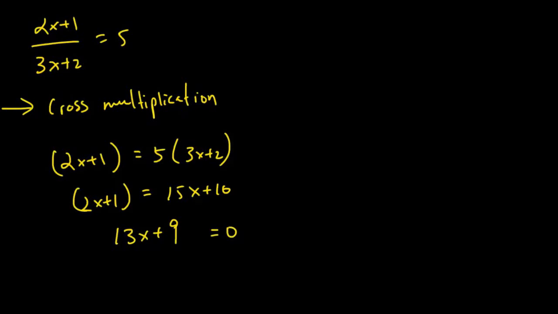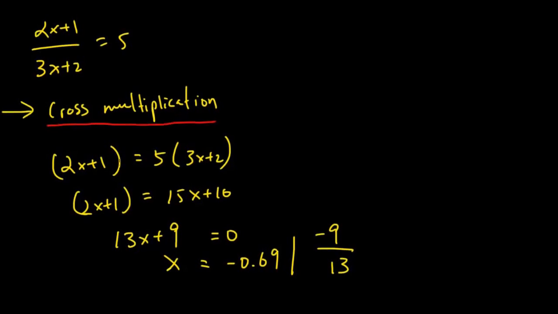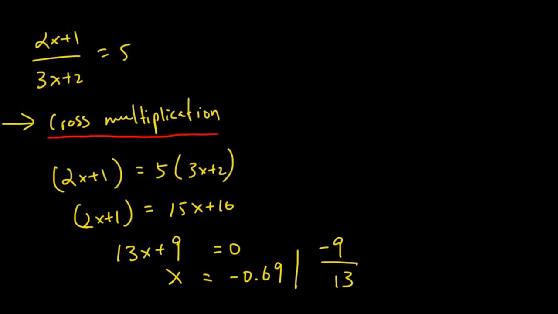So x equals negative 0.69, and I can express it as a fraction, which is negative 9 over 13. The key point here is in the exams, if they want you to solve for a rational function, keep in mind that most of the time you will need to use cross multiplication.